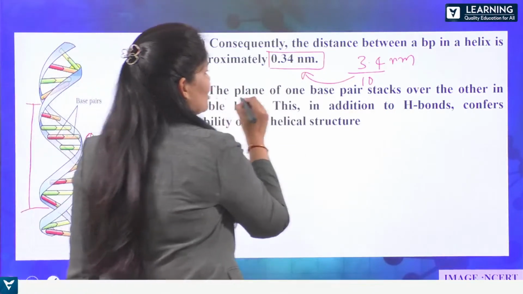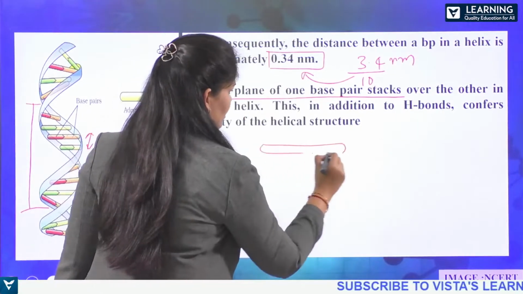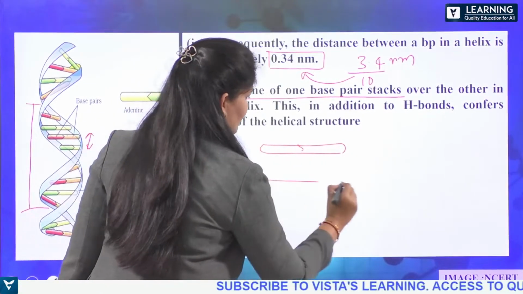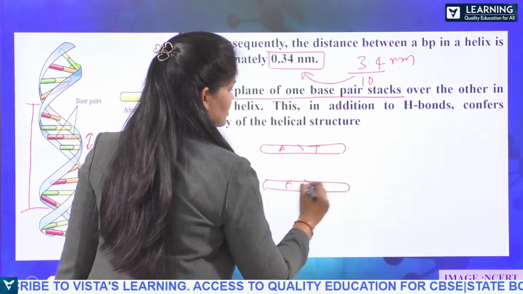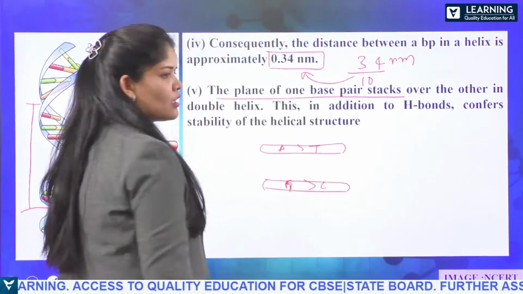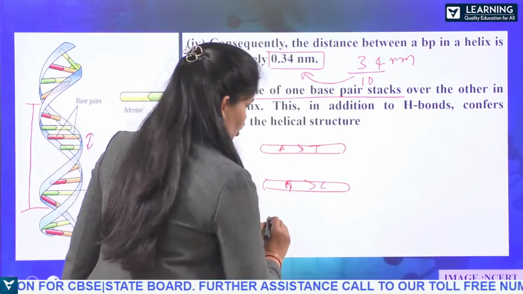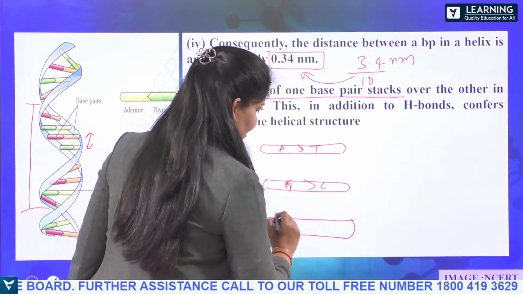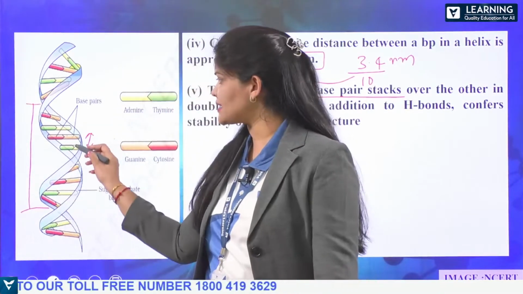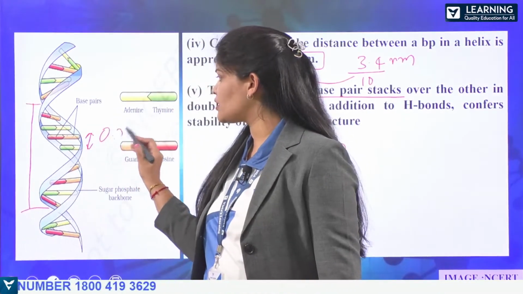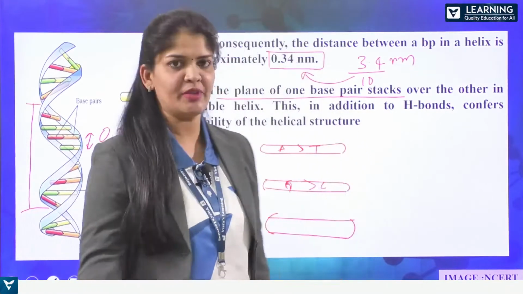Now, the plane of one base pair stacks. See, this is one base pair and this is another base pair. Say for example, it is adenine, guanine, cytosine, guanine, cytosine, like this, right? So here, these are stacked, piled up like books, one above the other, one above the other, maintaining a distance of 0.34 nanometers, right?